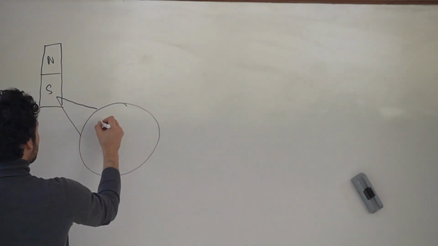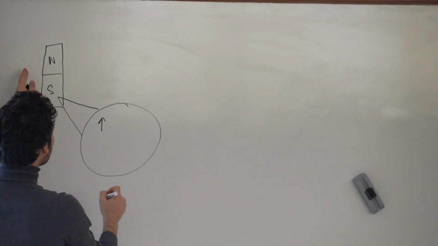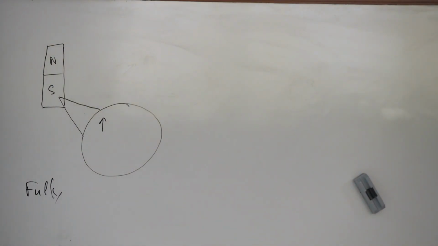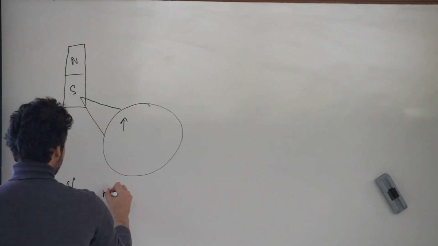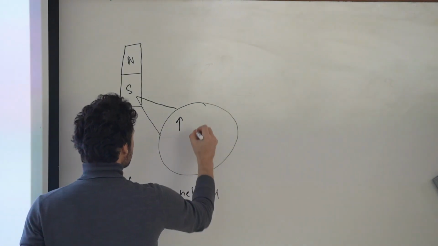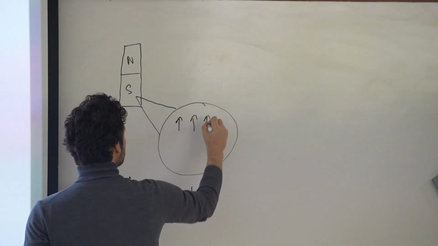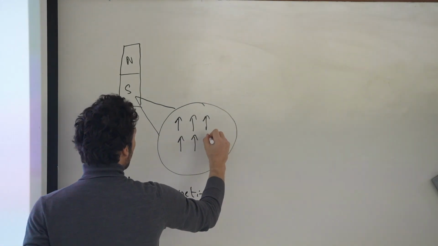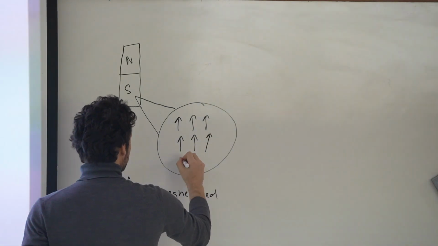So you can imagine that if this is fully magnetized, so you're here, for instance, the fully magnetized state just means that all the microscopic magnets point in the same direction, or rather almost in the same direction, right?